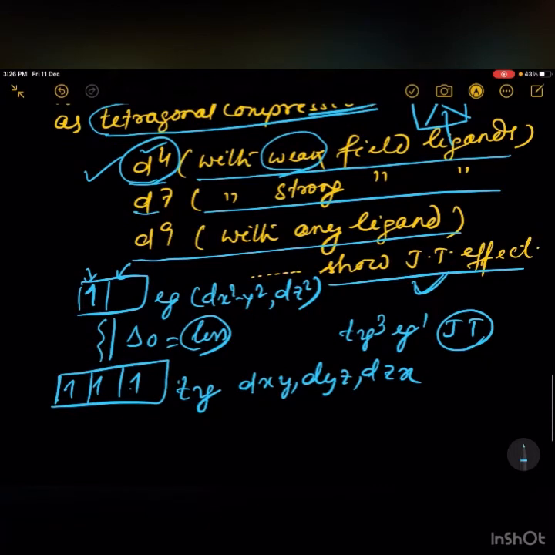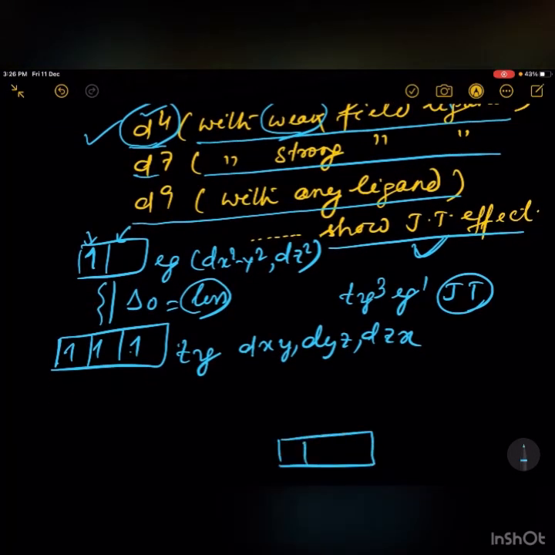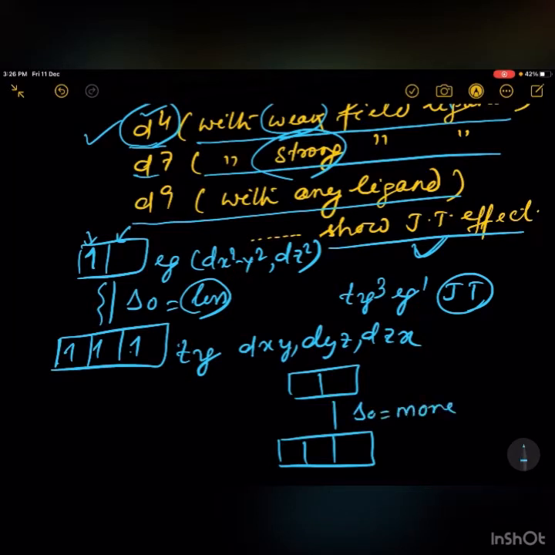In case of D7, there is a strong ligand, so the difference del O is more, and the 7 electrons can be arranged in this fashion: 1, 2, 3, then 4, 5, 6, 7, and 1 will be over here.